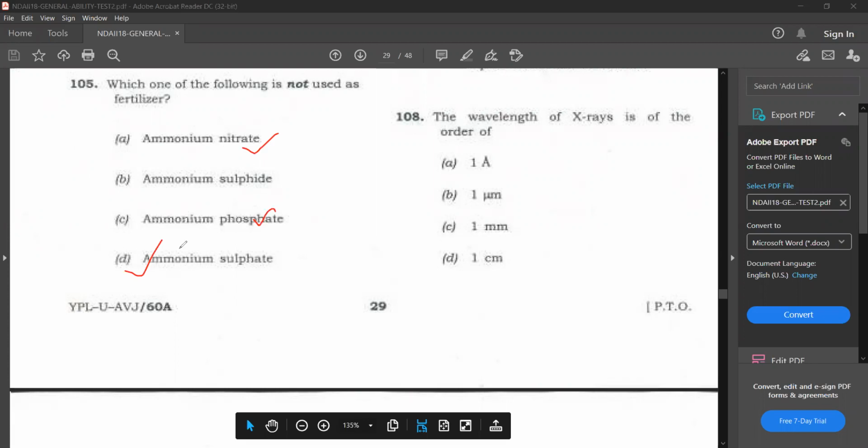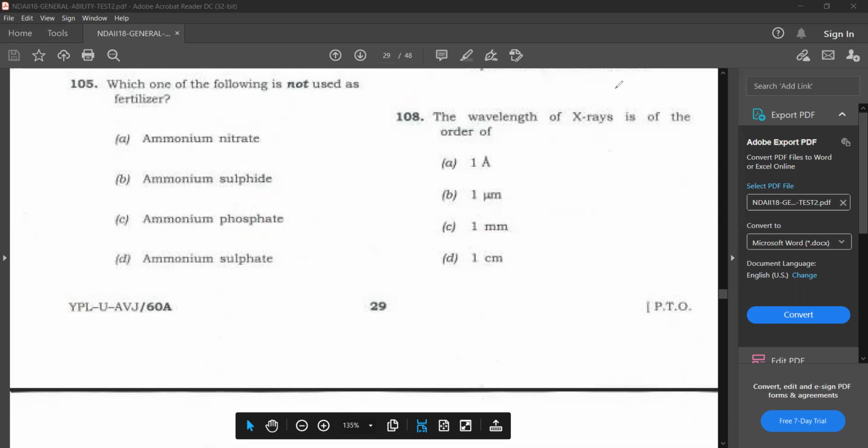That means NPK is important. So this will add nitrogen, this will add phosphorus. Sulfur will be provided by sulfide, but ammonium sulfate is not used as a fertilizer.